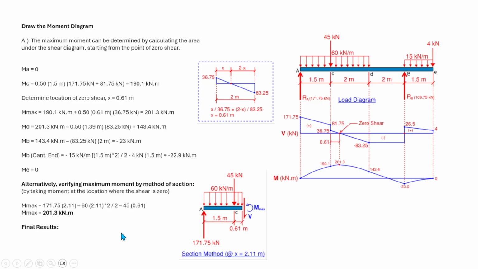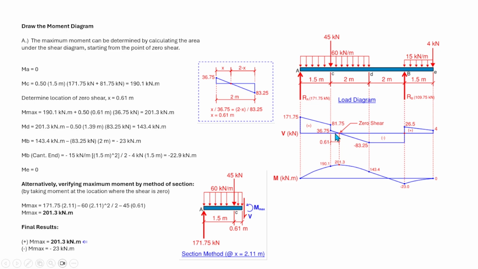So finally, guys, the final result of our maximum moment: we have a positive moment of 201.3 and a negative moment of 23, and the governing is the positive moment.